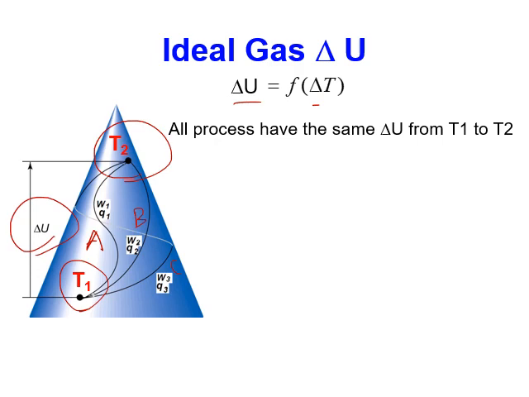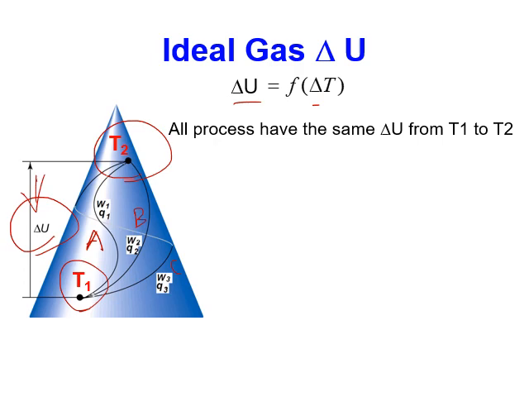They all have the same delta U because it's a state function. No matter how you go there, they have the same delta U. But how do you calculate it? We want to choose a path that we can calculate. This path can be constant pressure, constant volume, or any process. But what we choose is constant volume, because at constant volume, we can calculate delta U.